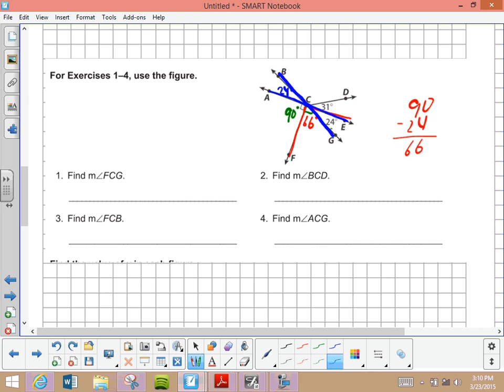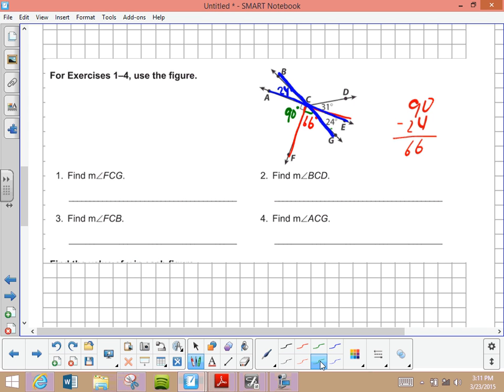I'm missing BCD. How do I find that? Why is it that I can add those two? Why can I add 90 and 24 and then do that? About the line. Which line?